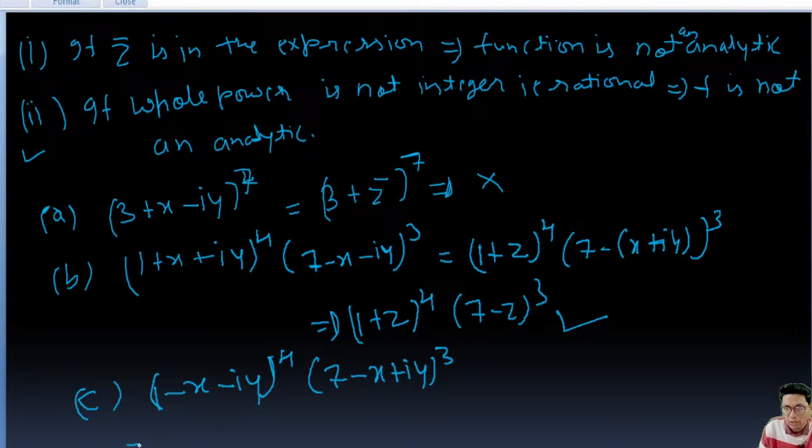So it is going to be 1 minus x, taking minus common, so x plus iy, right? So it is z to the power 4 into 7, and taking minus common, it is going to be x minus iy, so that is minus z bar to the power 3. So in this expression it is clearly seen that z bar is present, implies it is not an analytic function.